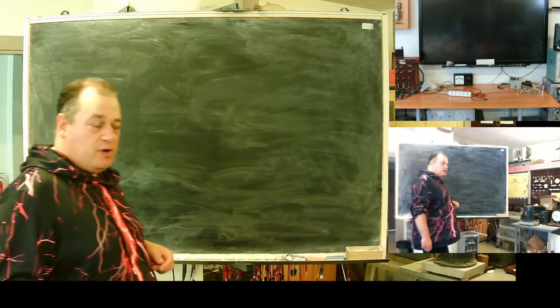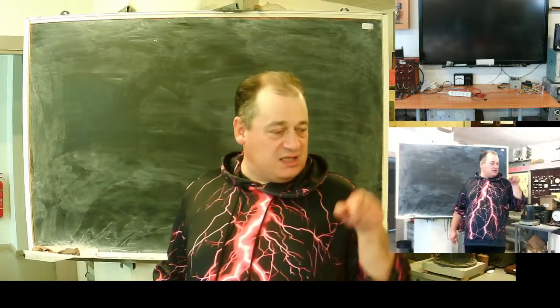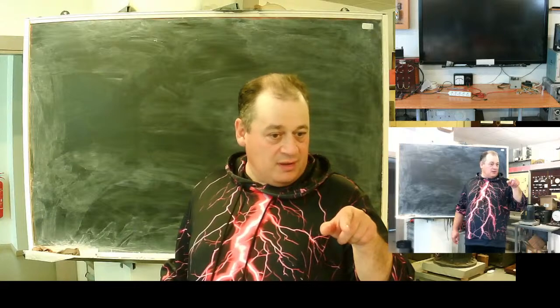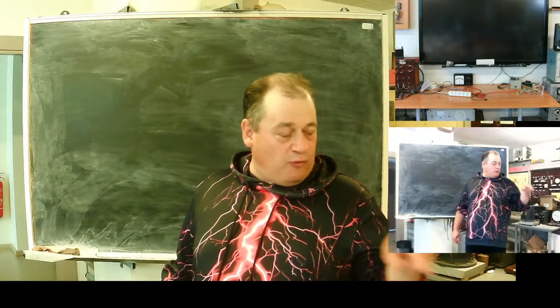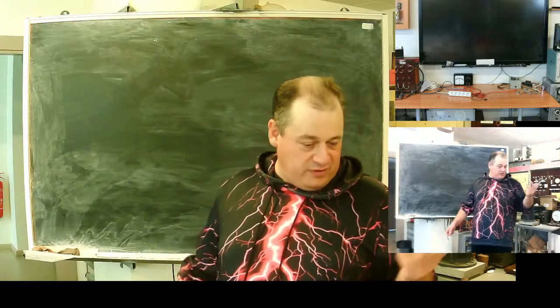Gustav Kirchhoff formulated two laws: Kirchhoff's current law and Kirchhoff's voltage law. Kirchhoff's current law: the sum of currents in any node is 0. And voltage law: the sum of voltage drops on any closed loop is 0. Easy. It's a basis for network analysis.